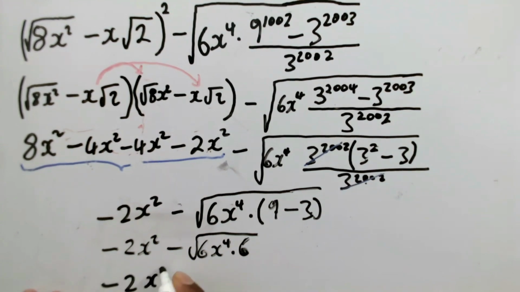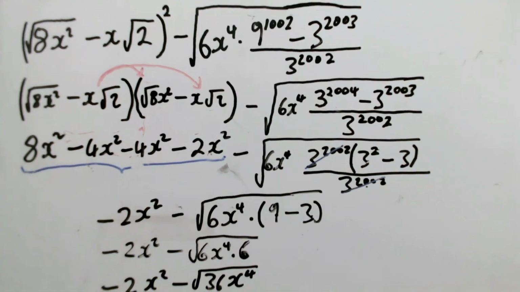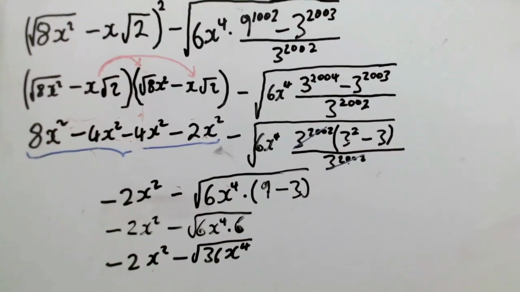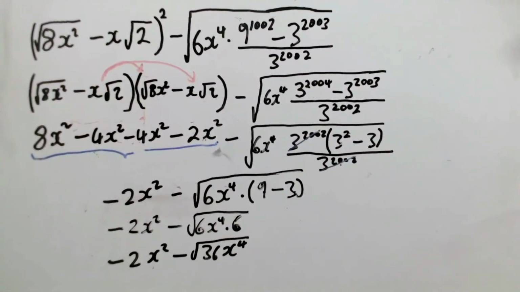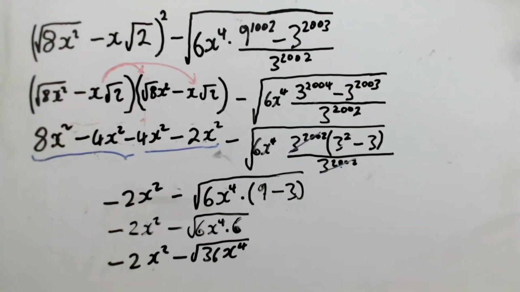Minus 2x squared minus square root of 36 times x to the exponent 4. Now the answer is getting more visible, because we just have to simplify this to the simplest form. Now, let's simplify this part on the side quickly.